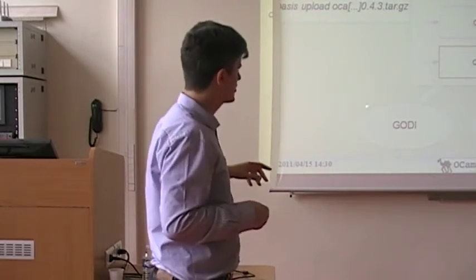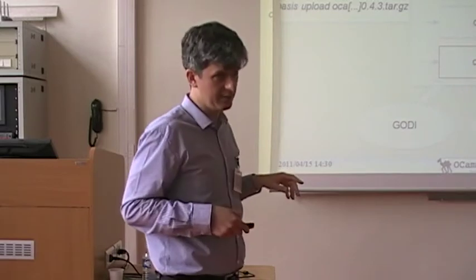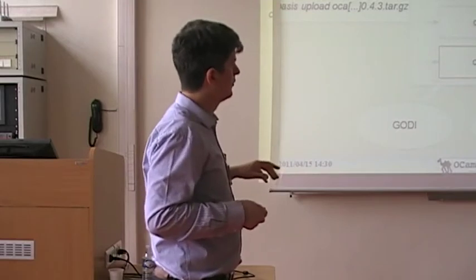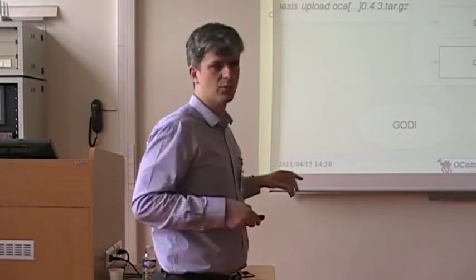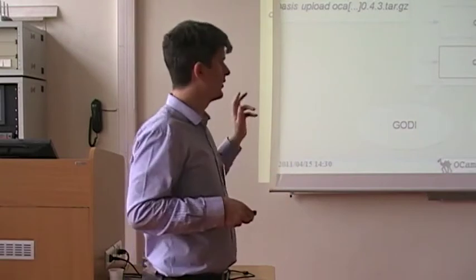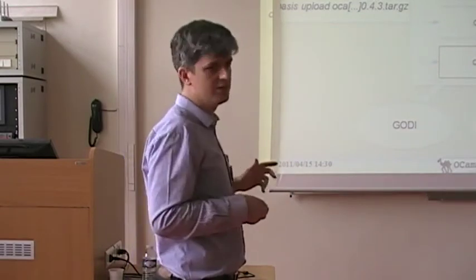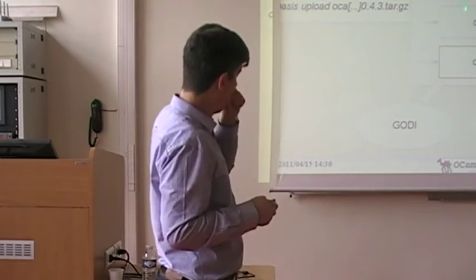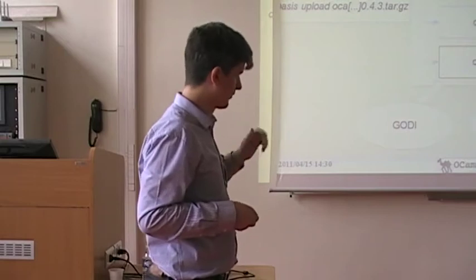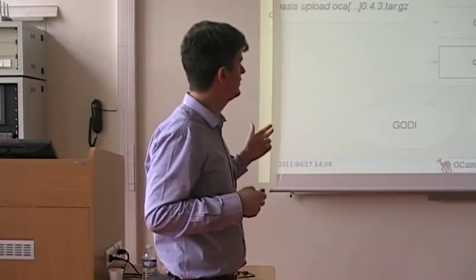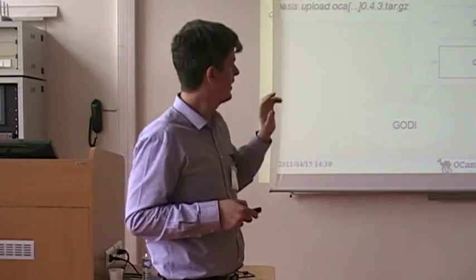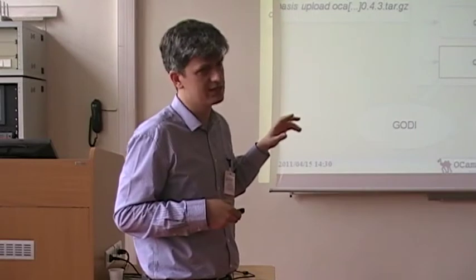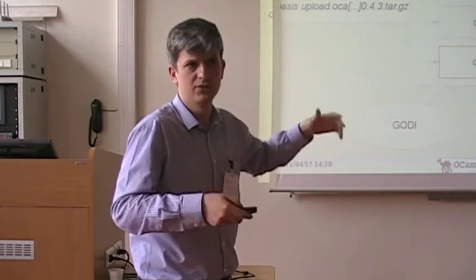And you will have interaction with other systems like Godi and Debian. So Godi is in discussion with Gerd right now, and for Debian I've written a small script called oasis2debian, which just reads your _OASIS file and generates a Debian infrastructure, and the interaction with the website will be to say to the website, if you want files-utils, you can use, rather than oasis install files-utils, apt-get install libfiles-utils-ocaml-dev.